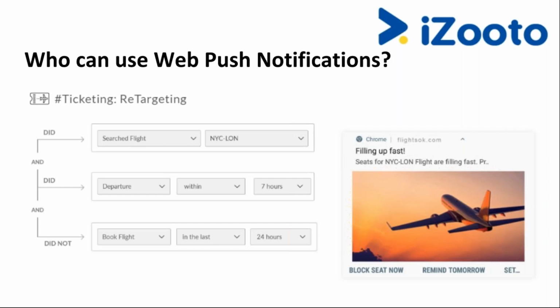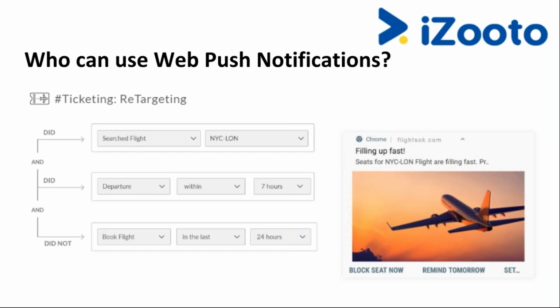Okay. So if I want to target that particular lot, I would simply once again create a segment that says, yeah, people who visited my website, or particularly people who visited the home page for at least X amount of times, but they did not proceed forward to the product page. There you go. I just created that, and bam, notification comes to me. I click on shop now, and I'm a happy customer.